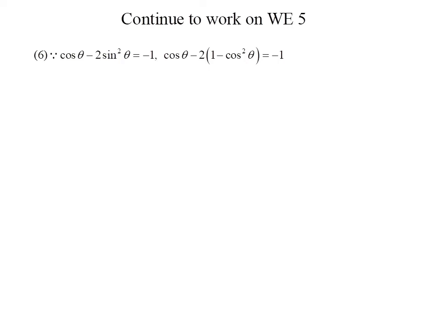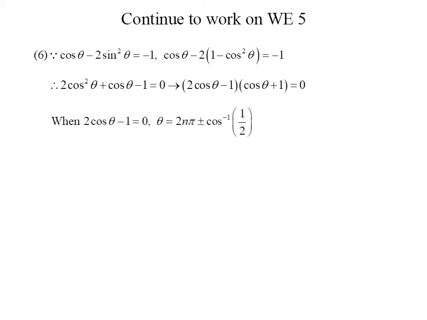Here we continue to work on the last equation of example 5. The first step is to replace sine squared theta by 1 minus cosine squared theta. The equation now is reduced to its quadratic form and factorized. Then we apply the null factor law to obtain the values of cosine theta that satisfy the equation.